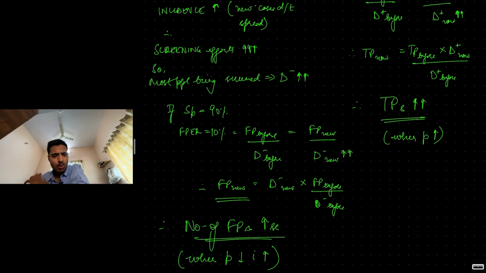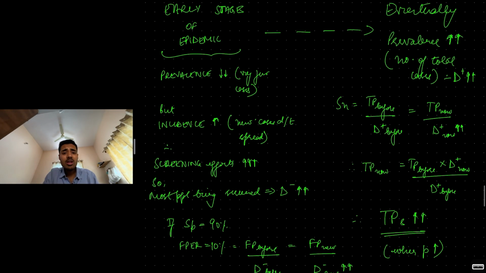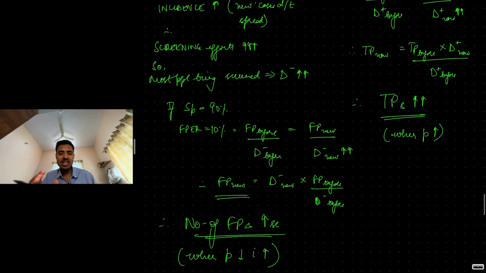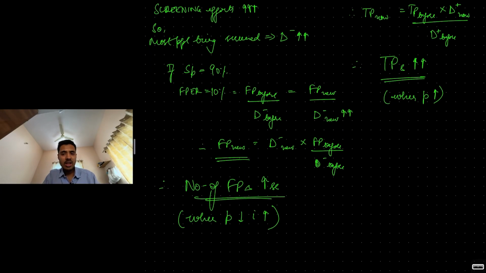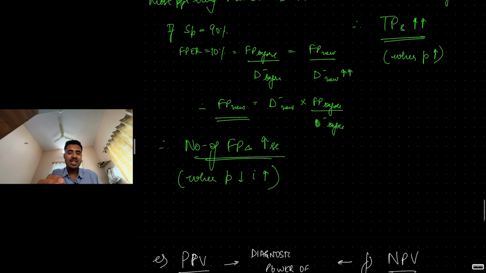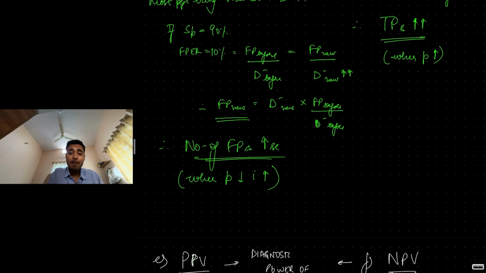Because most of the people you're screening are healthy because the prevalence is low, still in the early stages. So now what happens if I take this side, a high value has come. So now the number of new false positives increases. So that is why, this is a bit of a weird statement, when the prevalence is low but the incidence is high, the number of false positives will increase for a test with given specificity.